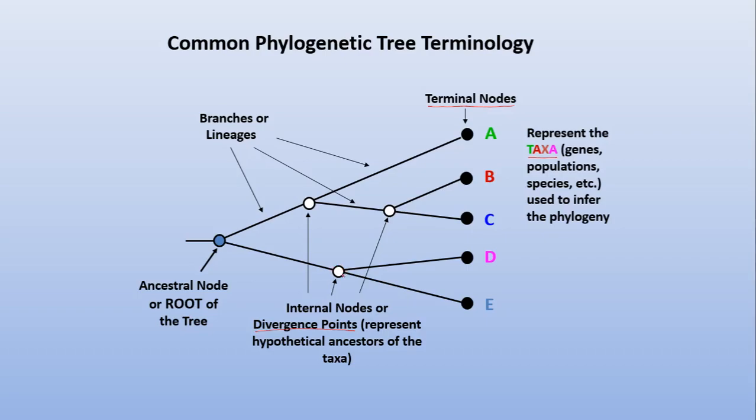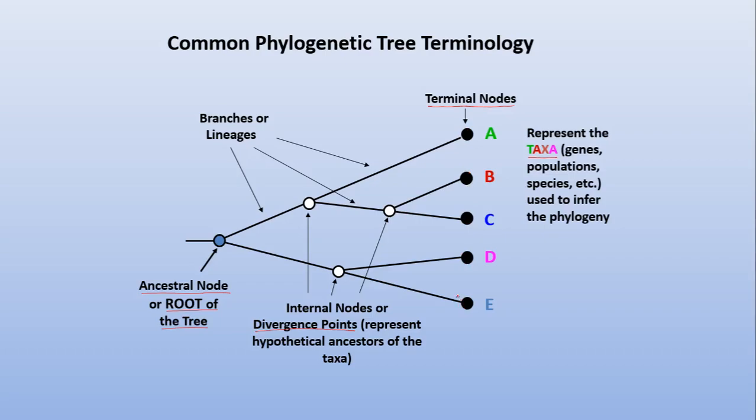This particular white internal node represents the divergence point between the terminal nodes D and E, and hence it can be called the common ancestor of D and E. So besides these terminal nodes and the internal nodes, if the tree is rooted, we have something called the ancestral node or the root of the tree. Okay, so these are the different nodes that are present in your phylogenetic tree.